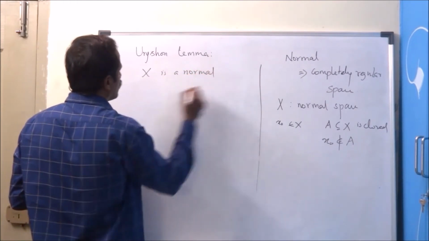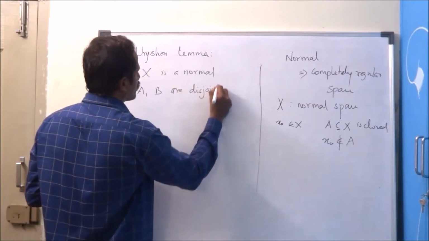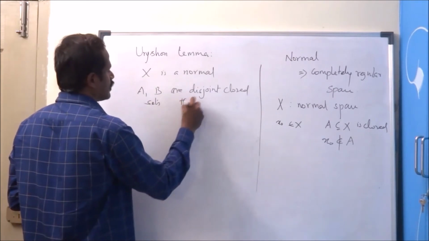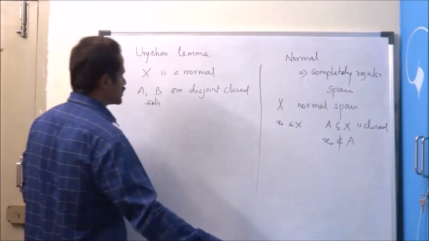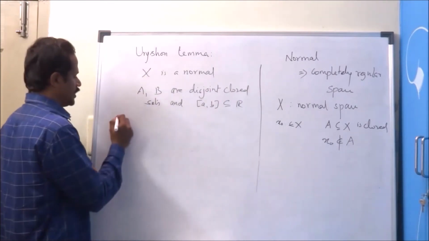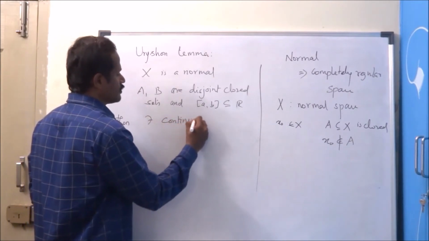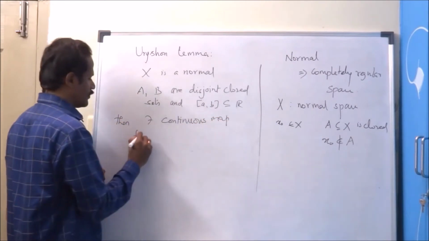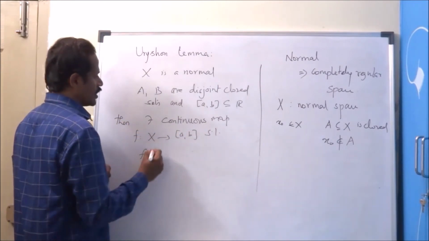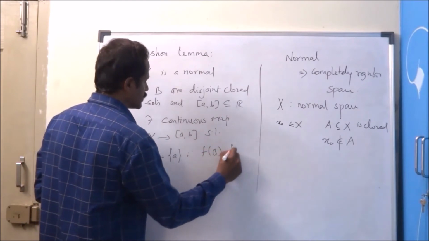So if X is normal and A, B are disjoint closed sets, and also you take any closed interval [a, b] in R, then the lemma guarantees that there is a continuous map f from X to [a, b] such that f of capital A is equal to singleton a and f of capital B is equal to singleton b.